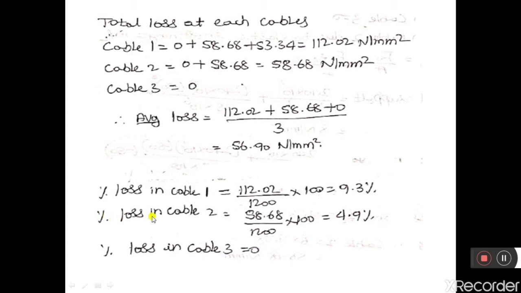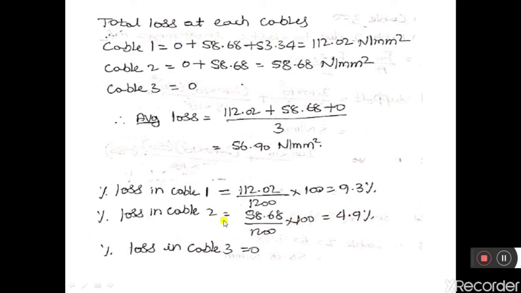Similarly, percentage loss in cable 2 is equal to 58. So this is the total loss in cable 2, divided by the initial prestress. The initial prestress is given in the question, it is 1200. This into 100 gives 4.9%.